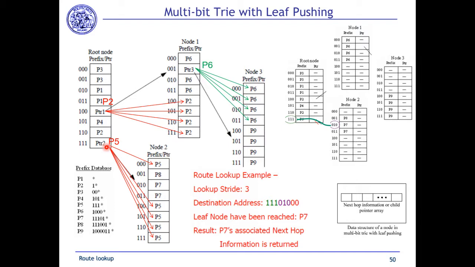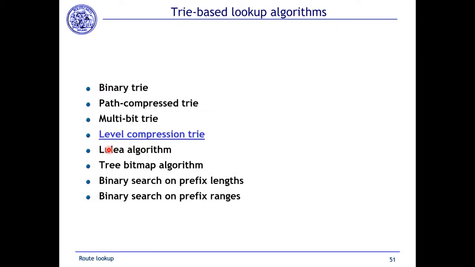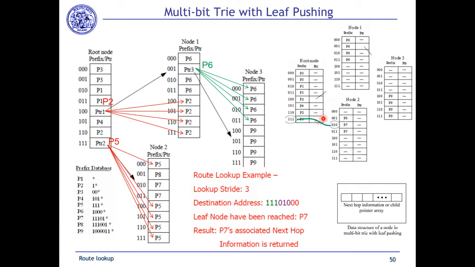You find only the pointer, so you go down, and then in this case you start looking into node number 2 with the key 010, and there was P7, and here is the same.